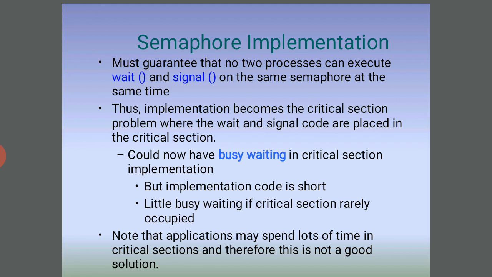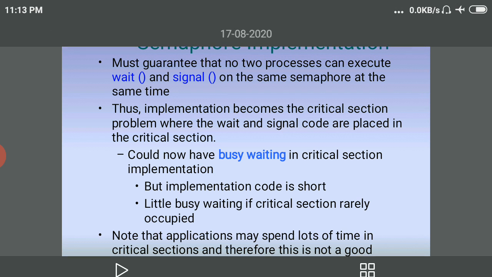But the implementation code is short and there is little busy waiting if the critical section is rarely occupied. Note that applications may spend a lot of time in the critical section, and therefore this is not a good solution.